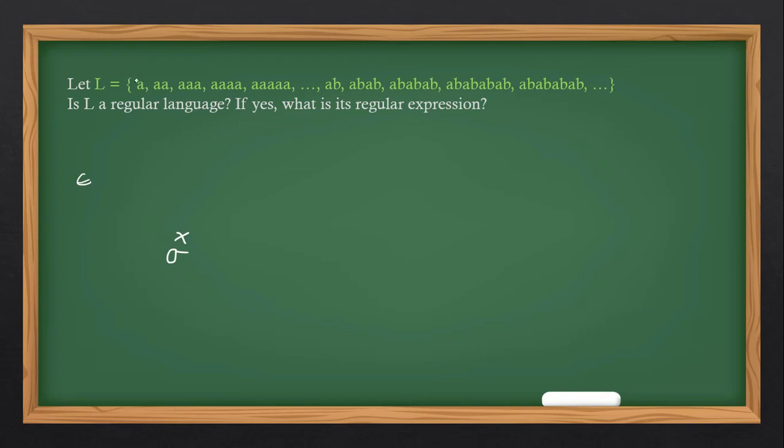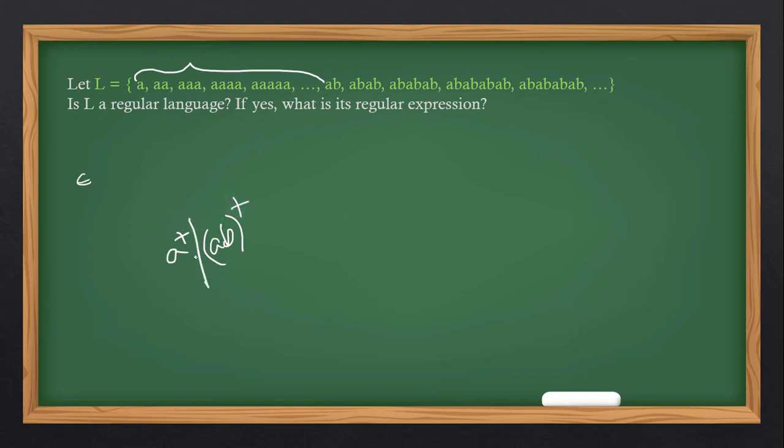This pattern covers all the strings from here to here, but these are different, right? These are not a repetition of A. These are a repetition of what? AB, right? So we have AB, and again one or more repetitions of AB, so a positive closure of that. So we can have either this or this.